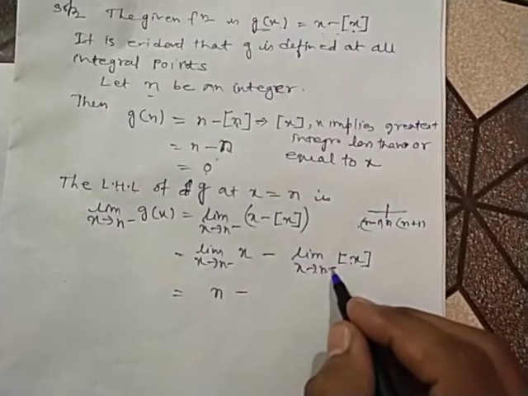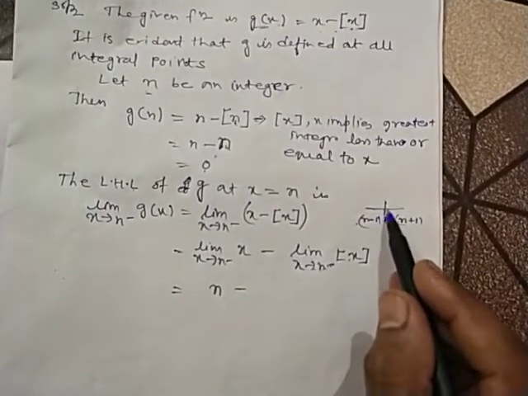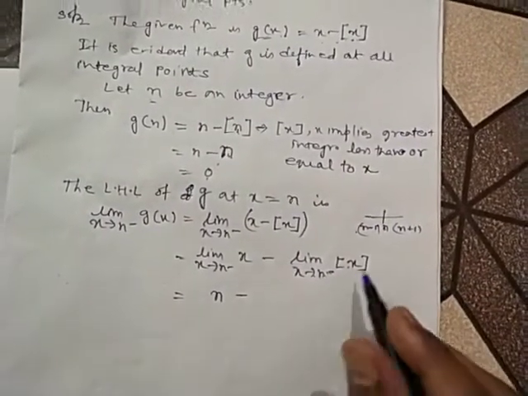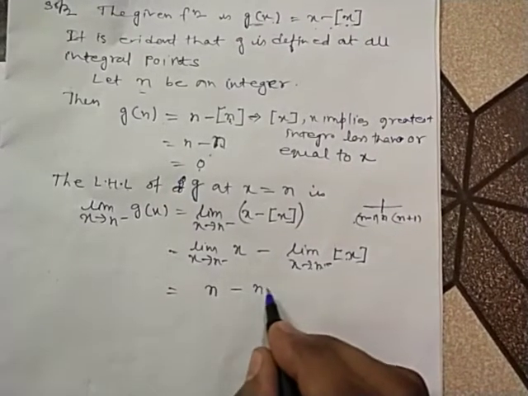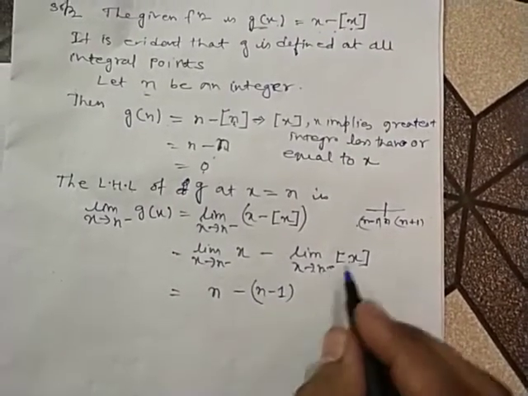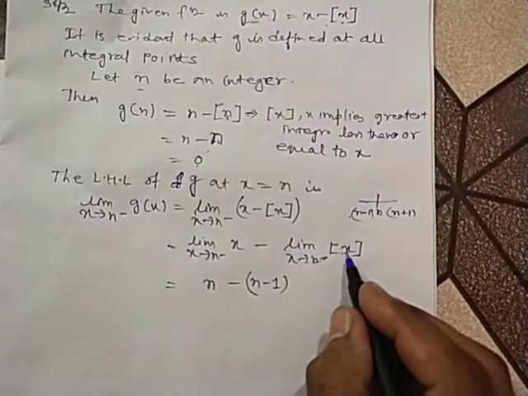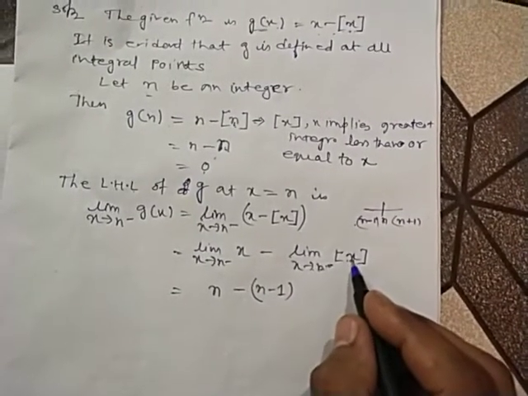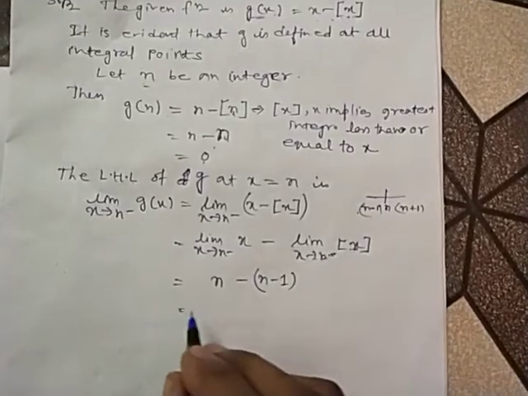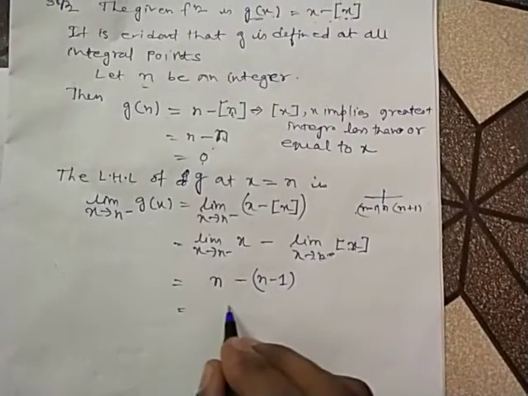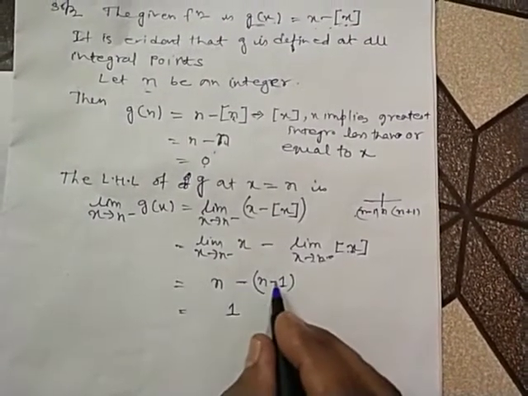And when it is n positive, all points to the right hand side of the point n. So this can be n minus 1 only, the smaller one. Because this is n negative, it can be n minus 1 only. This cannot be n. It is equal to n minus (n minus 1), you are getting 1.